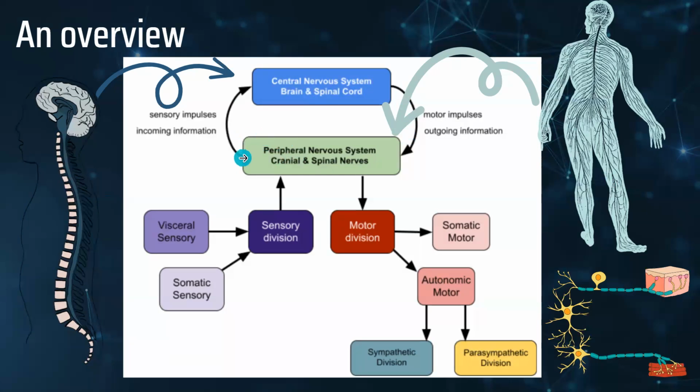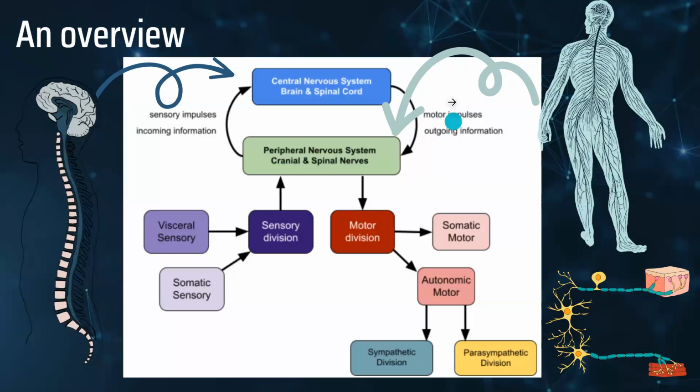We call the sensory information going into the brain afferent impulses. So afferent arrives to the brain. Afferent or sensory information also travels up ascending tracts, so it travels up to the brain.